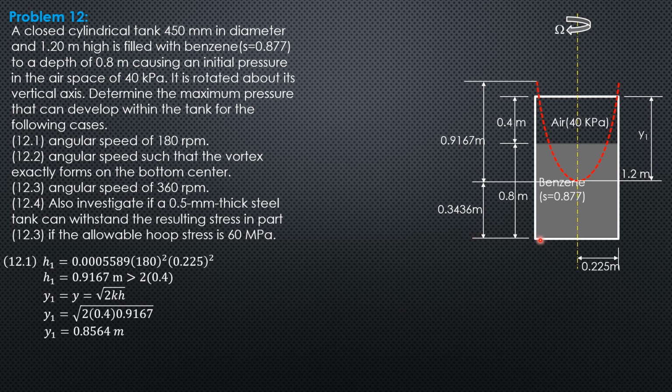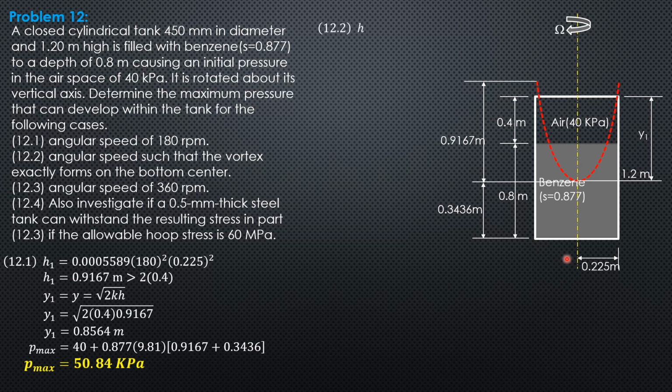So the maximum pressure is 40 plus 0.877 times 9.81, the specific weight of benzene, times the total depth 0.9167 plus 0.3436. So the maximum pressure that can develop within the tank is 50.84 kilopascals.